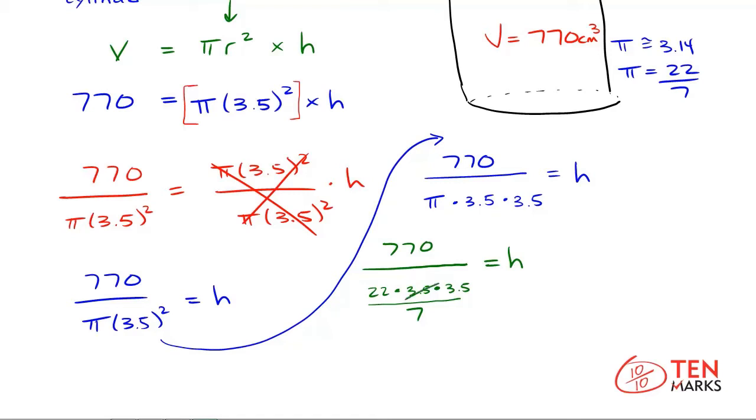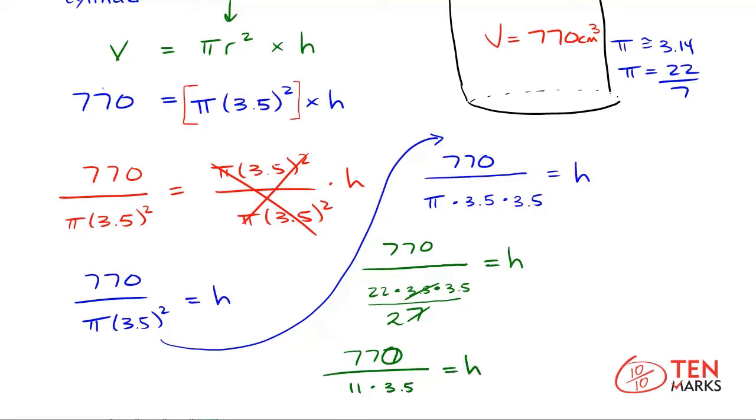So I'm going to cancel out one of the 3.5s here, which will leave me with just 2 in the denominator. So I have 22 times 3.5 divided by 2. So the next step is to divide 22 by 2, which has a quotient of 11. So this simplifies to 770 over 22 divided by 2, which is 11, times 3.5. And this is all equal to h.